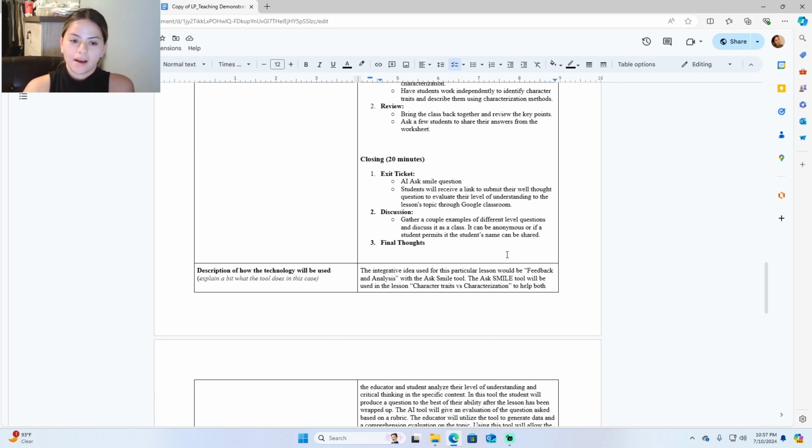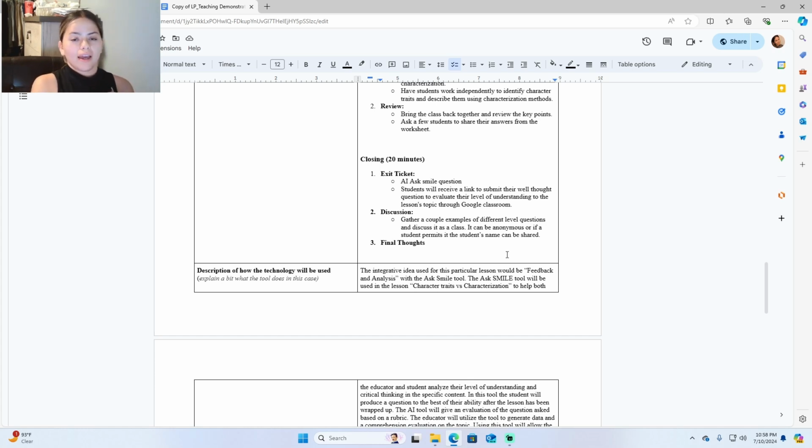Next, we will have the closing section of our lesson. This closing section is primarily focused on the exit ticket, which is where we bring in our AI tool.